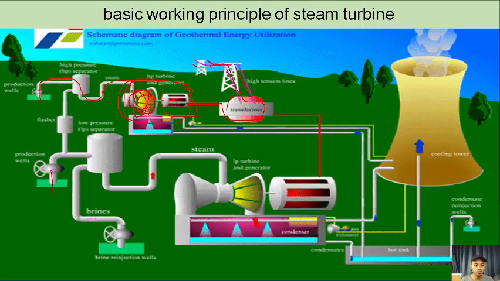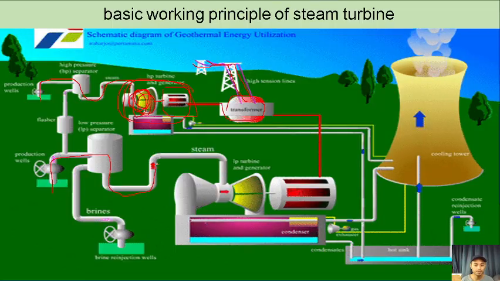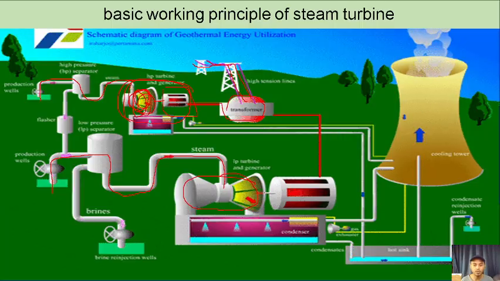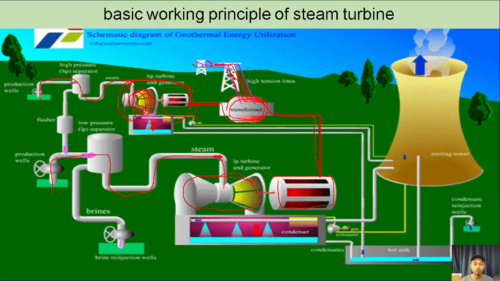So here we also have another source of steam, and this steam will rotate our steam turbine. And since our steam turbine is connected to a generator, the generator will create electricity and give it to a transformer and supply it to the consumers.